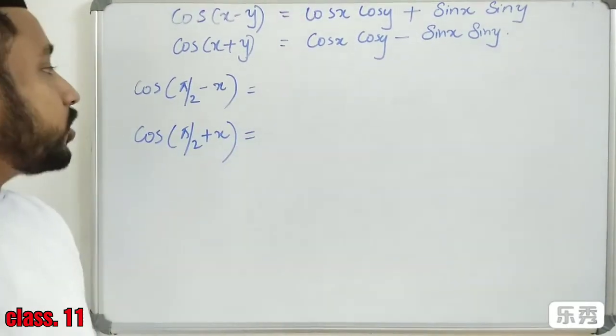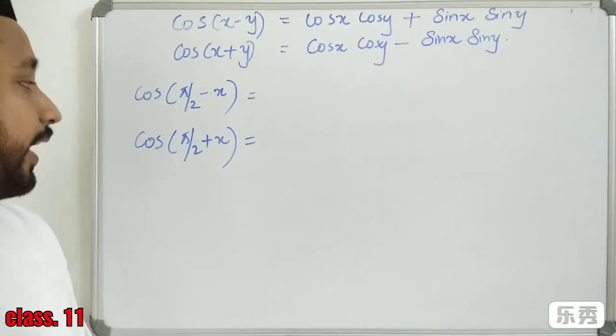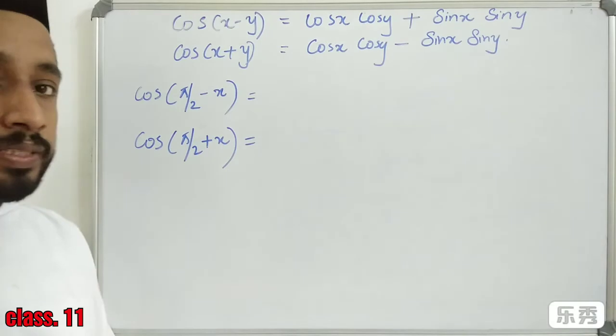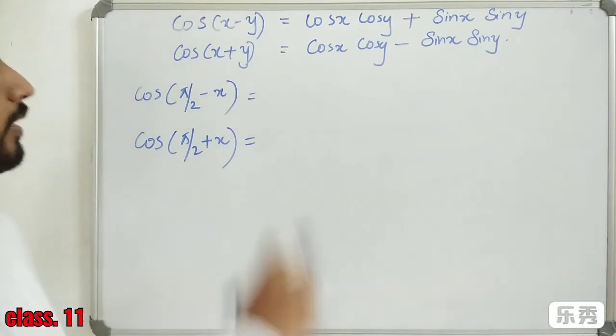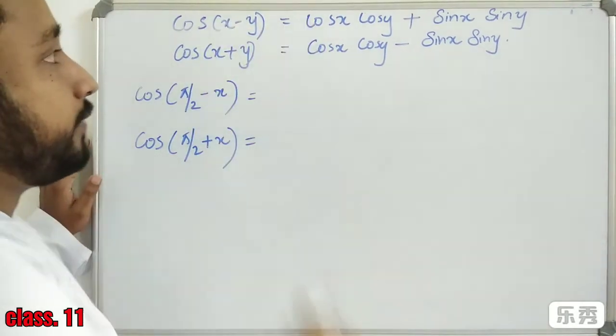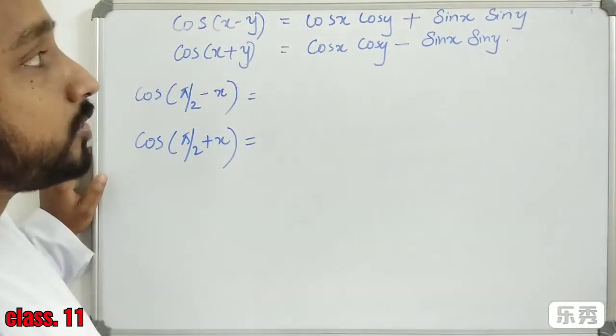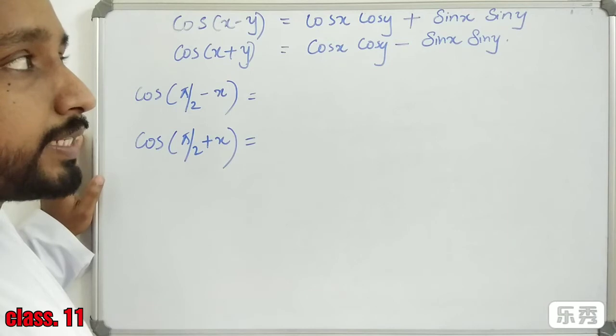Next result: cos of pi by 2 minus x and cos of pi by 2 plus x. Cos of pi by 2 minus x. We know cos of x minus y is equal to cos x cos y plus sin x sin y.